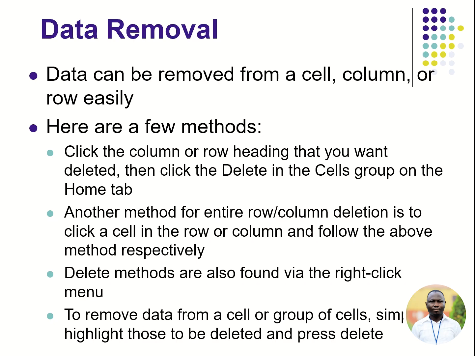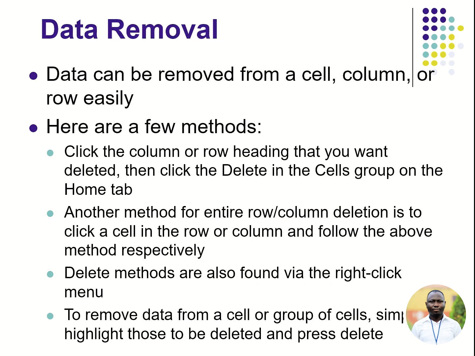So you're going to click on Delete, and then it's going to delete that for you. Another method for entire row or column deletion is to click on a cell in the row or column and follow the above method respectively.